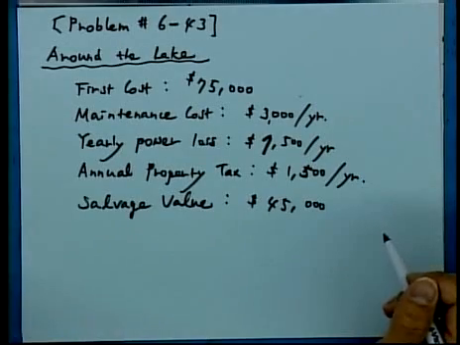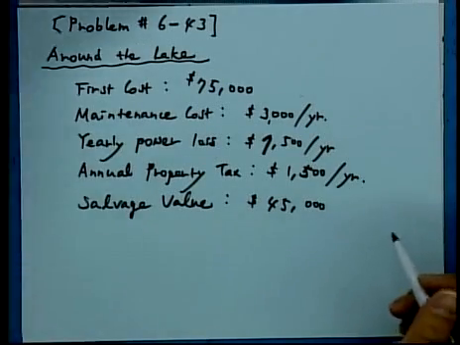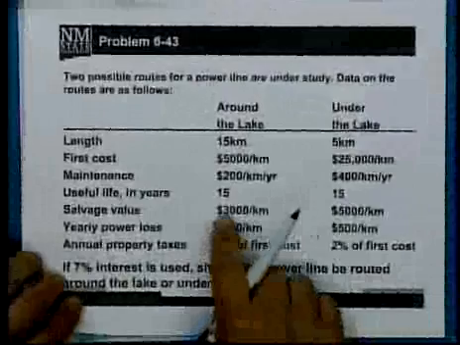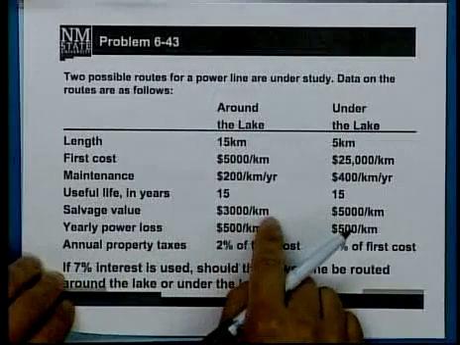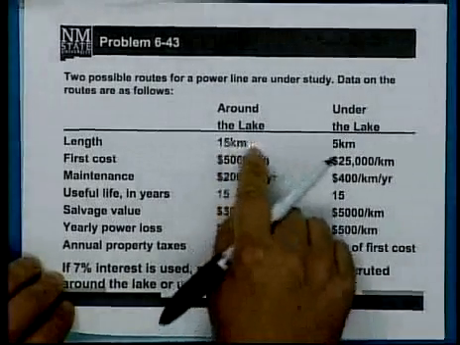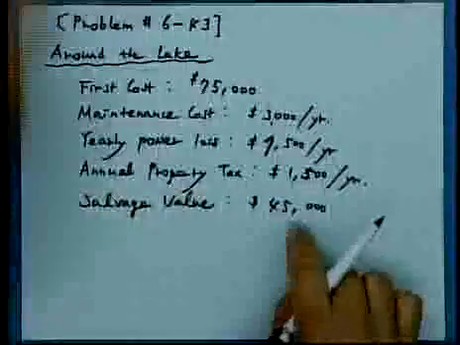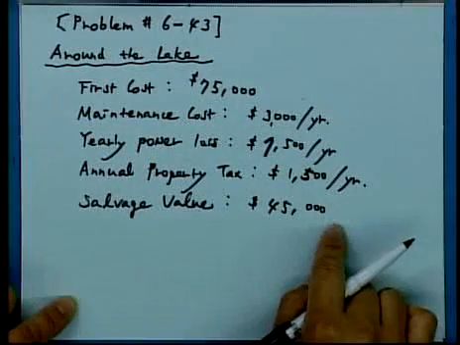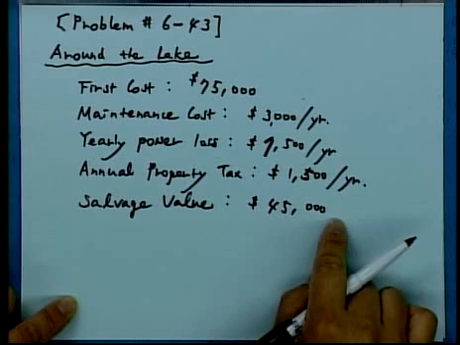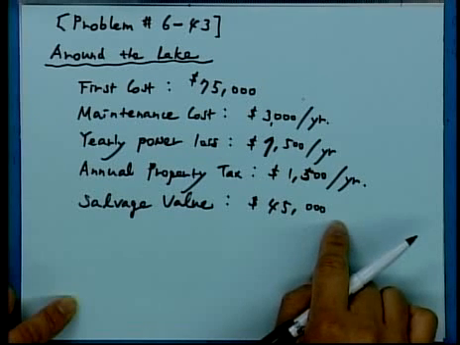So again, you need to multiply $3,000 per kilometer times 15 kilometers, which becomes $45,000. That is going to be your salvage value.